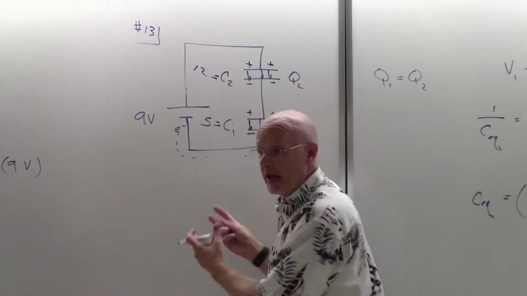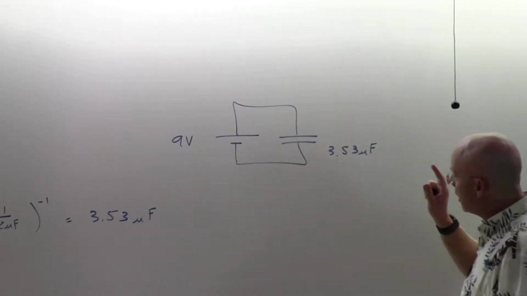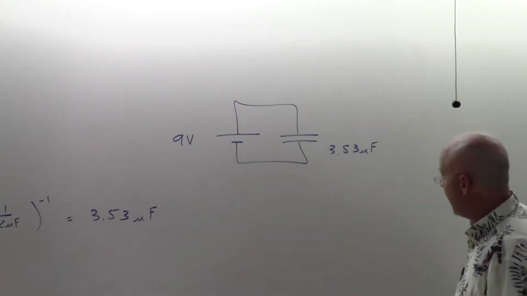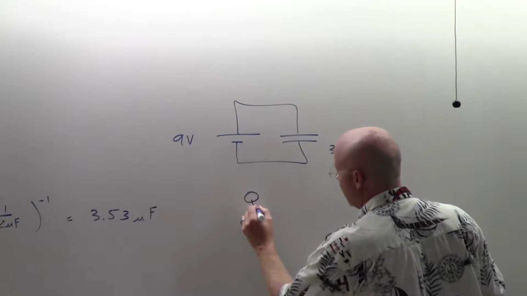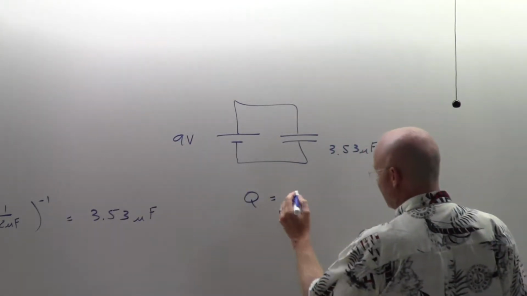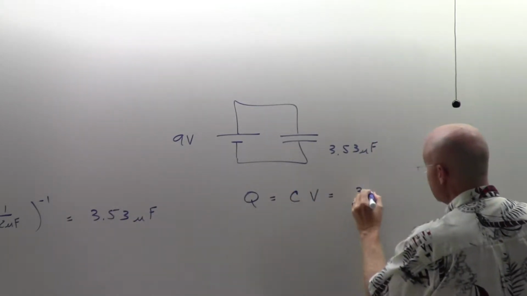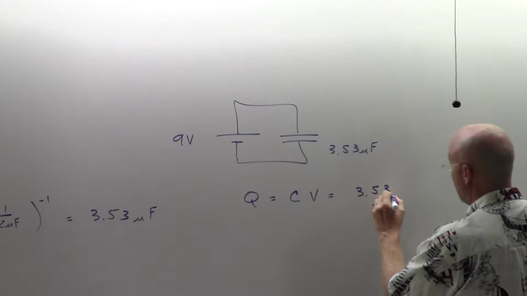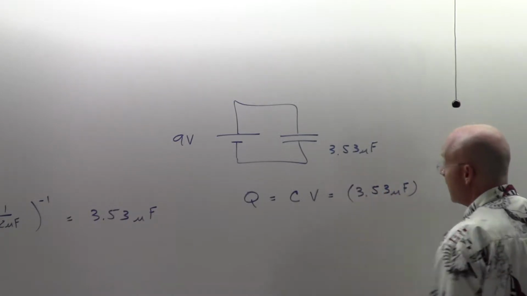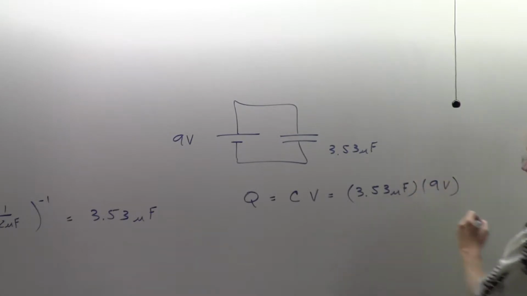I mean, the real circuit has 2 capacitors on it, but the equivalent one would look like this. What's nice about that is if I go to calculate the charge on this one, it's real easy, right? It is just the capacitance times the voltage. The capacitance I just did, 3.53 microfarads. And this one's really easy to see that it would charge up to 9 volts.